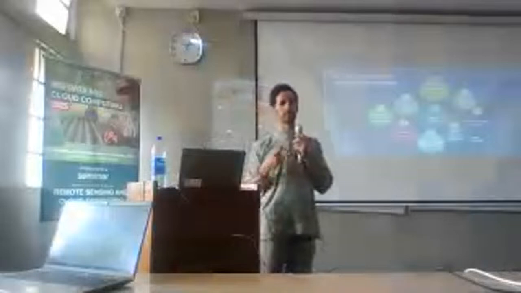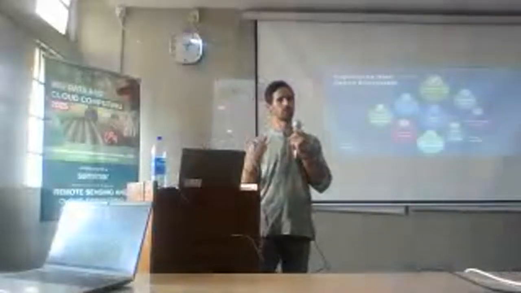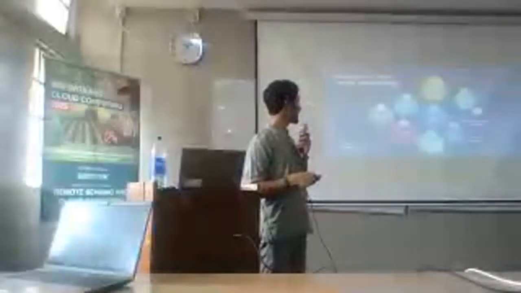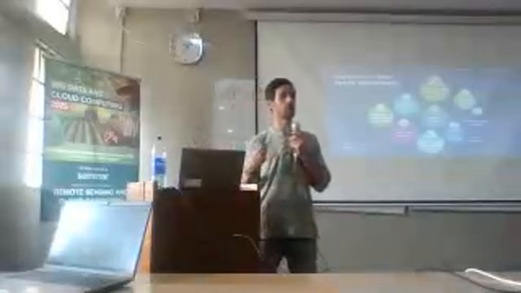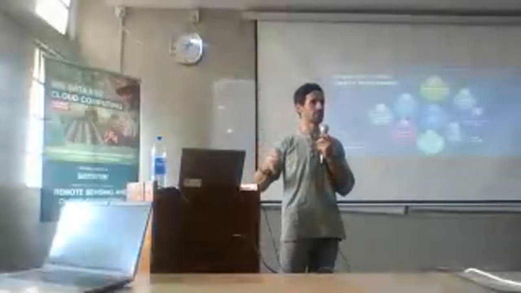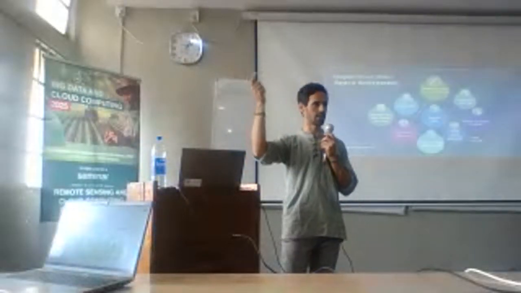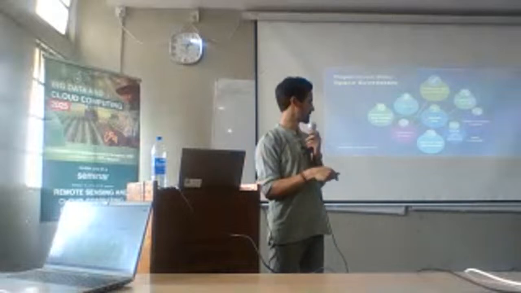Talking about the Copernicus Data Space Ecosystem, this is an ecosystem that's built on the idea of cloud computing. And it has a lot of different nodes, a lot of different options, a lot of different parts to it. Some of these, for example, as I mentioned, is the Sentinel data. This is the flagship satellite constellation of the European Union. So all of this data is stored within the ecosystem.